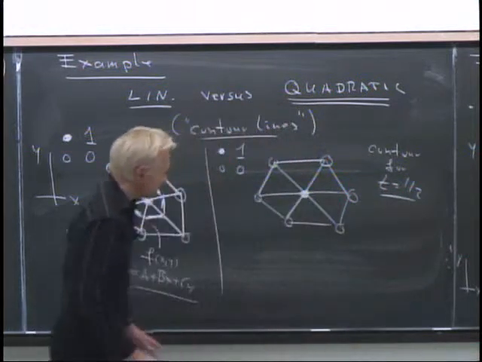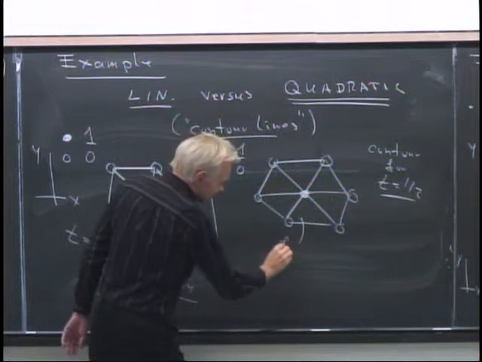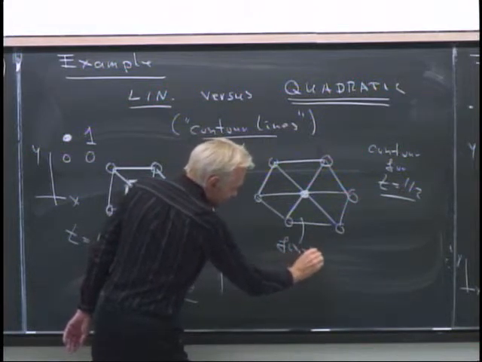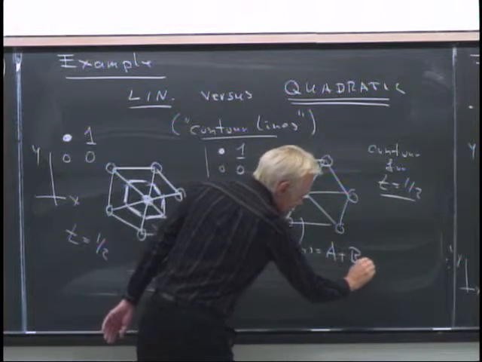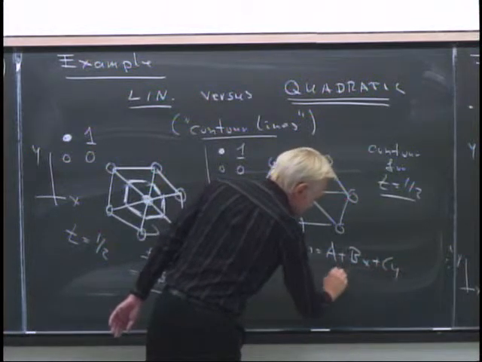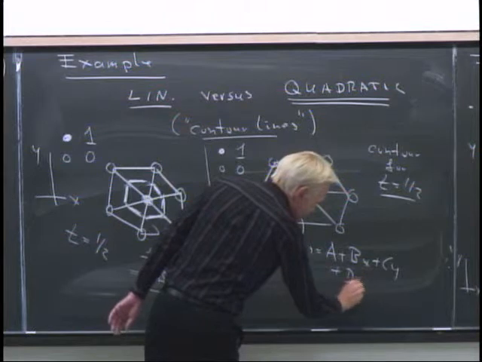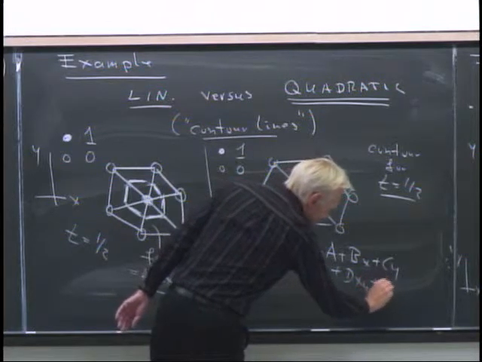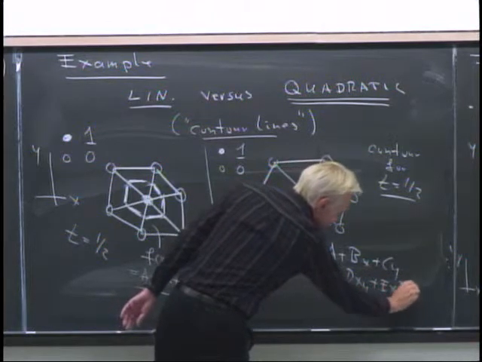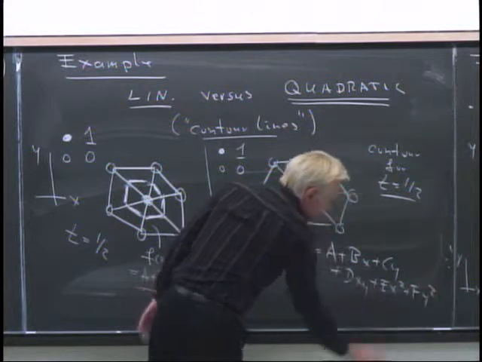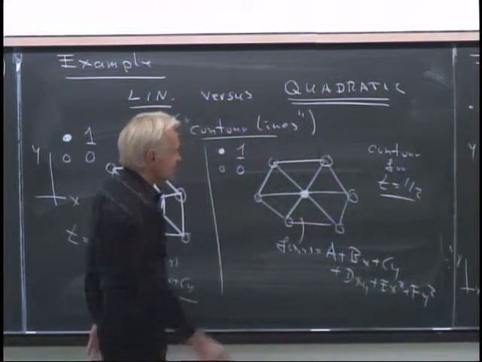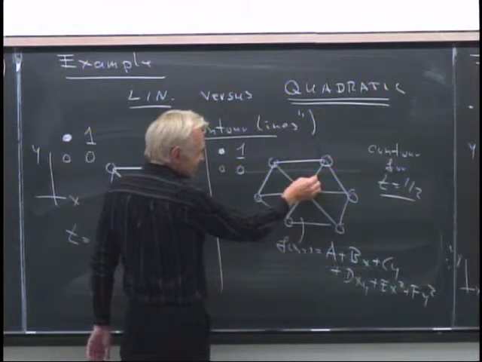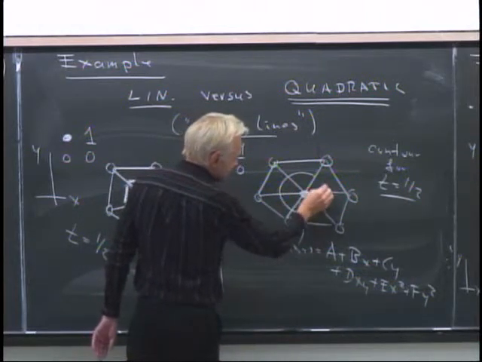Okay, but now I assume a variation of each triangle f of xy equals a much more complicated thing, namely a plus bx plus cy plus dxy plus ex squared plus fy squared. Okay, I go to higher degrees. And you have to believe me that when you evaluate that, you will get a contour that looks like that.